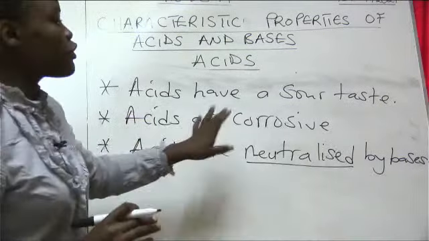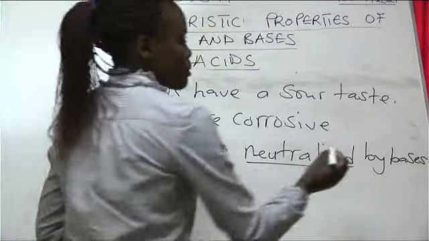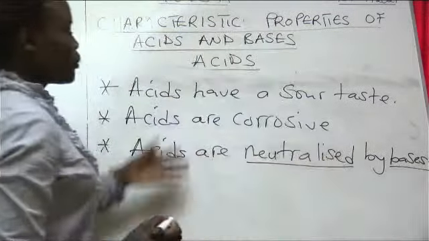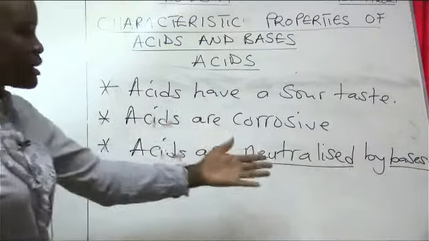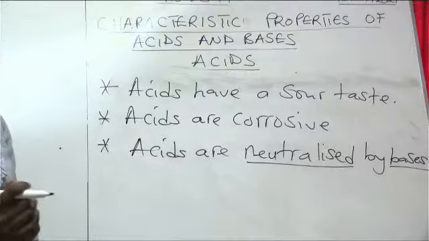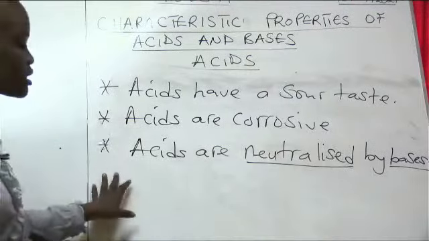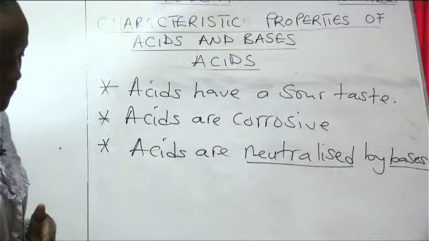If it's corrosive, it will no longer be very corrosive. It will be neutralized. As we look at bases, we will see how a base can neutralize an acid. It will no longer be dangerous. It will stop being dangerous if it is corrosive. So all acids are neutralized by a base.